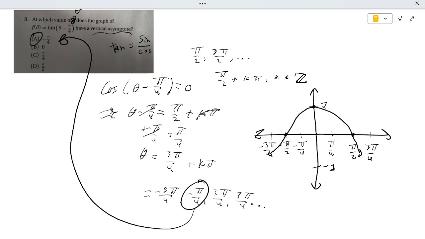But if it's shifted, notice that it's minus pi over 4 on the inside, it means it's going to be shifted pi over 4 right. It's going to look something like this, with a maximum right there.